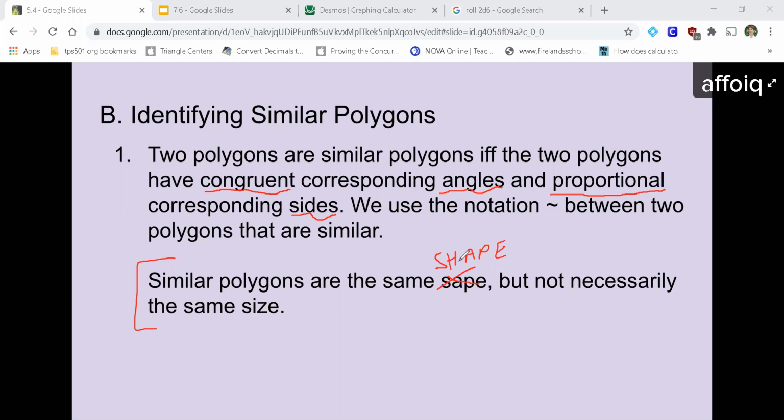It could be the same size, it could not be. So basically all congruent figures are similar, but not all similar figures are congruent, because again, they can be different sizes.